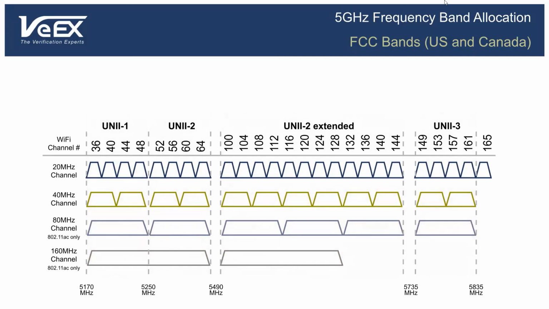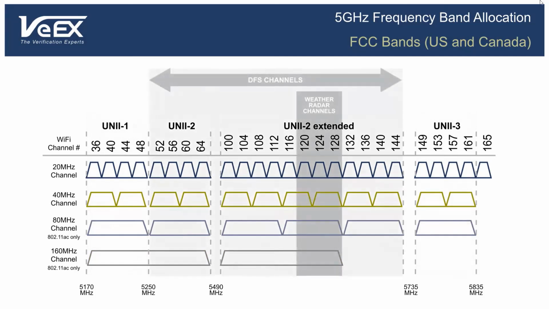While most Wi-Fi devices will support only UNII 1, channels 36 to 48, and UNII 3, channels 149 to 165 for indoor use, the FCC and other regulatory bodies allow the use of the UNII 2 and 2E bands, provided that your device's radio can support dynamic frequency selection, or DFS, and transmitter power control, or TPC.